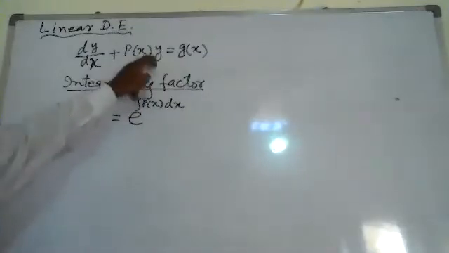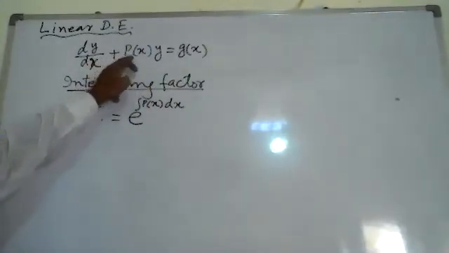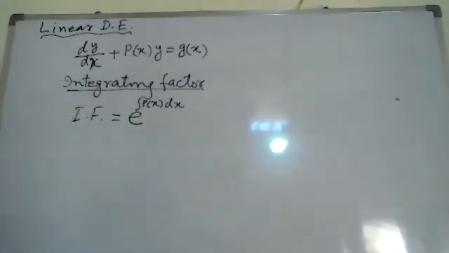P of x may be some constant, or some function of x. G of x may be 0, some constant, or some function of x. But the coefficient of dy upon dx will be 1.